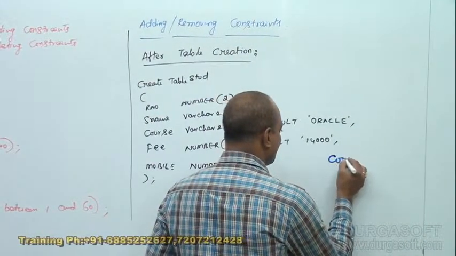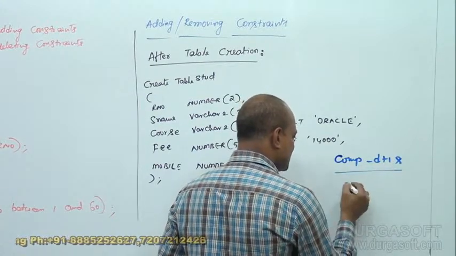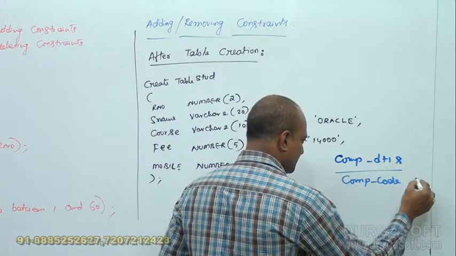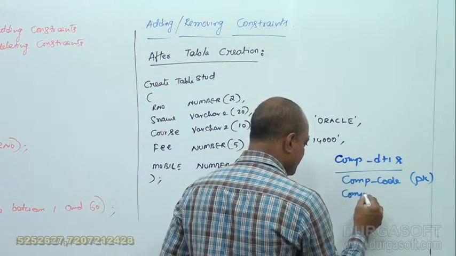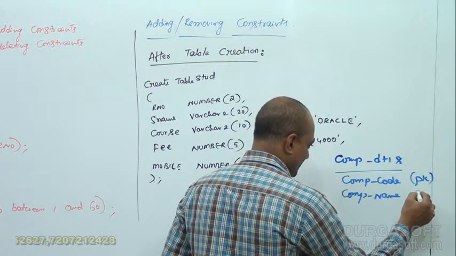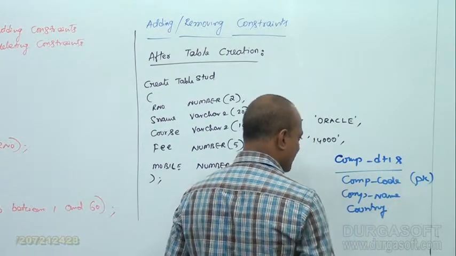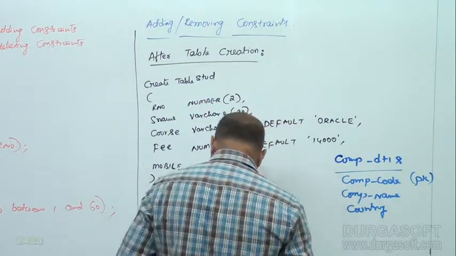Company details table: under this, company code is a primary key, and company name, the name of the company, and company country. So this is one table. Let me write about the product details table.